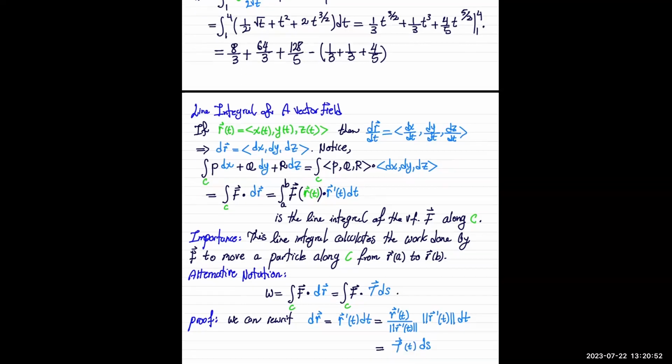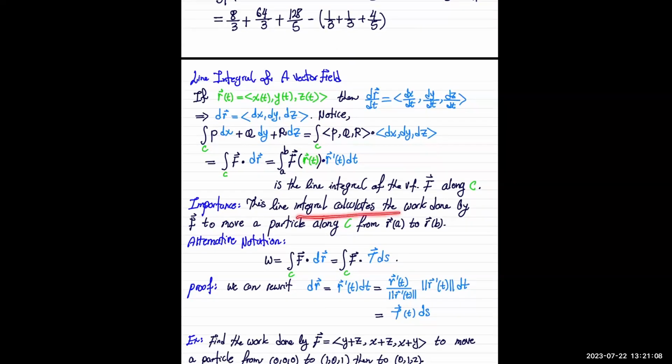Now, what is the importance of this line integral? This line integral is the calculation for work. This line integral calculates the work done by the vector field F. Imagine F is the force field.